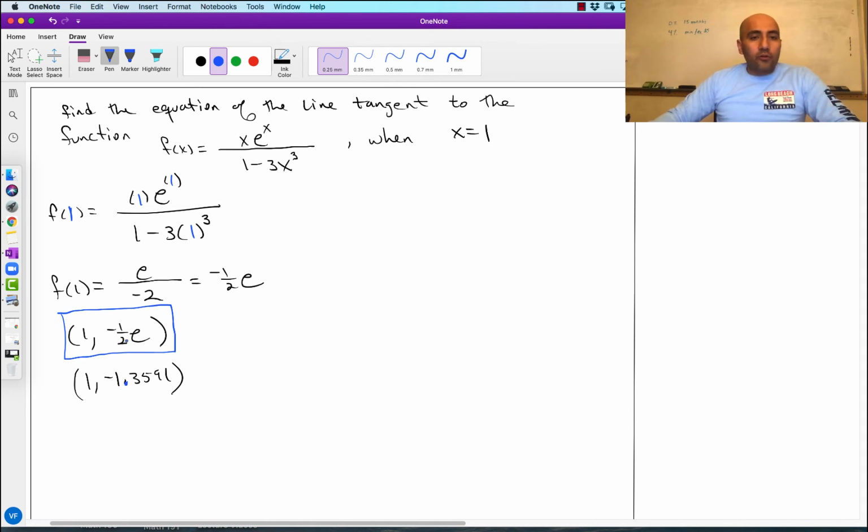Okay, so we have our ordered pair. Now we are tasked with finding the equation of the line tangent to this point, which means we have to find the slope of that line, which means we have to find the derivative of this function. Okay, so let's use our quotient rule. It's clear that the quotient rule is really best fit for this situation.